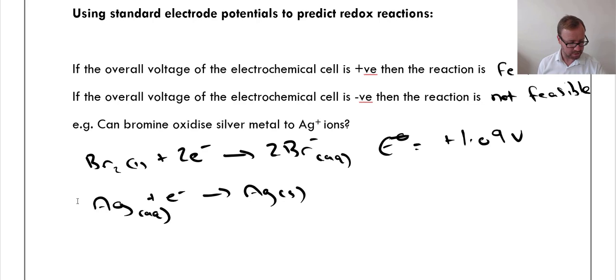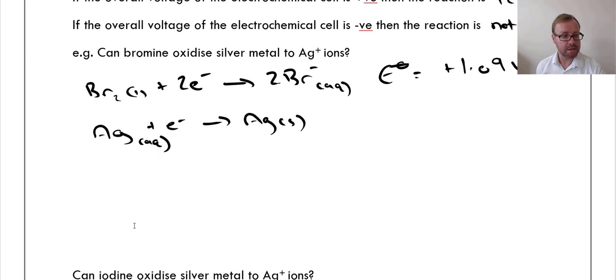We need to balance this. No, we don't need to balance it, because we don't have to do the overall equation. In the question it says, can bromine oxidize silver metal to Ag plus ions? So that means my Ag would be oxidized to my ions.